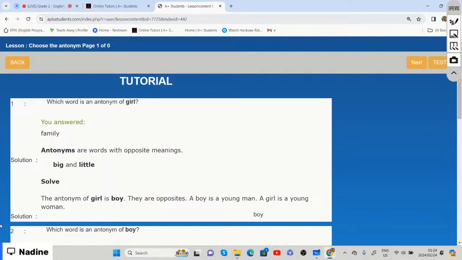Antonyms are words with the opposite meaning. There we have an example: big and little, slow and fast, black and white.